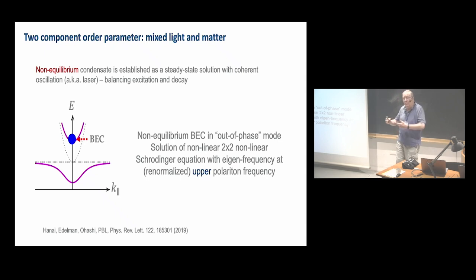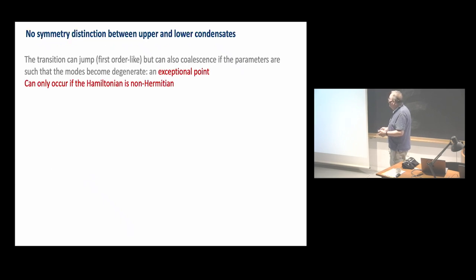It corresponds to different sets of things. But actually, in terms of what you would call a condensate, it doesn't have any different symmetry from if it was down there. Both of them have this U(1) broken symmetry associated with a condensate, but they're just different internally. This is an internal degree of freedom, and there's no symmetry distinction.